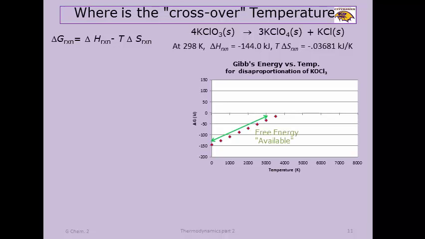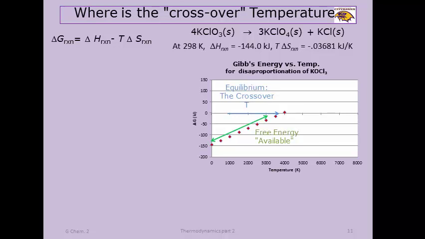But at this point, I want to just point something out. Anytime that the free energy is less than 0, that's usable energy. So anytime that you have a delta G that is less than 0, at these temperatures down here, you have free energy available and the reaction is spontaneous. But then, when you get to around 4,000 K, the free energy is 0. So that's what we call the crossover point.